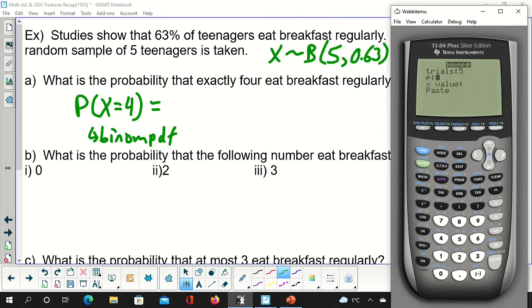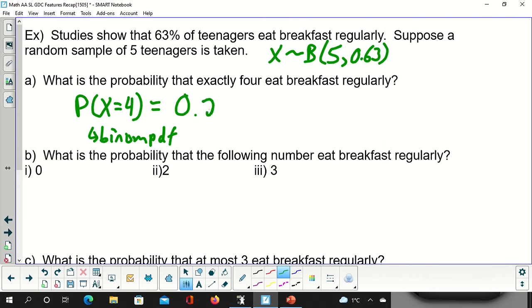There are 5 teenagers involved here. P, or the probability of success for any given teenager, is 0.63, according to the way we set this up. And X value is the number of successes. So we're going to say it's 4, and it will just run it through for us. We'll get 0.291.